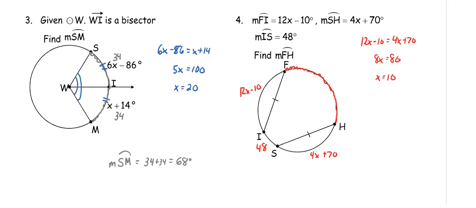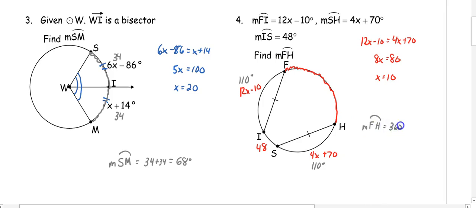Once we know x is 10, we can substitute in, and we get that these are both 110 degrees. So to get the measure of FH, we would do 360 minus the arcs we know, so minus 110, minus 110, minus 48. And we would get that our arc would equal 92 degrees.